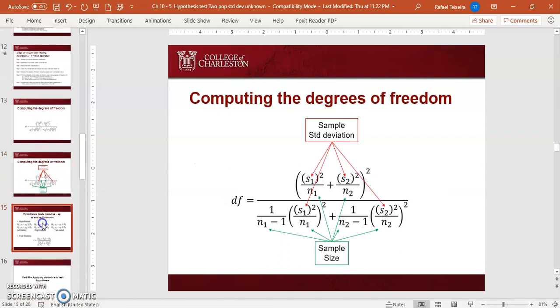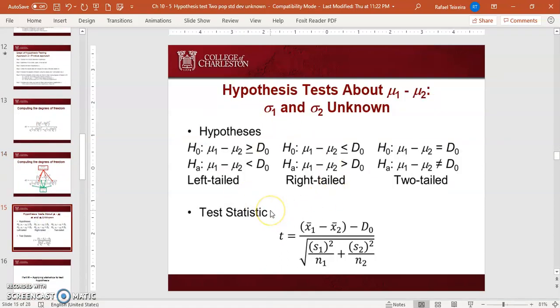So this is basically what the steps are. And here's the summary of the hypotheses. If the difference of the means in the alternative hypothesis is less than 0, always replace this hypothesized difference by 0. Always replace by 0. D0 means 0 in our case, okay?